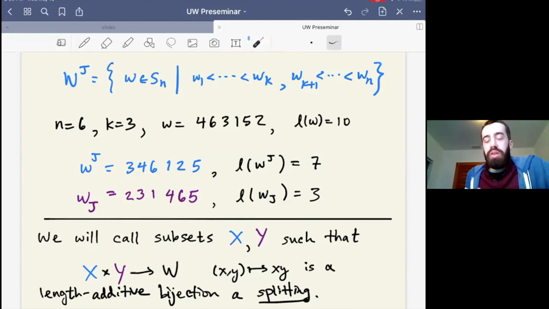So in general, if I have any subsets X and Y such that the multiplication map from X cross Y to W is a length additive bijection, for example taking X to be a parabolic quotient and Y to be a parabolic subgroup, we'll call that a splitting. And in the main talk, I'm going to be talking about more examples of splittings of Weyl groups.